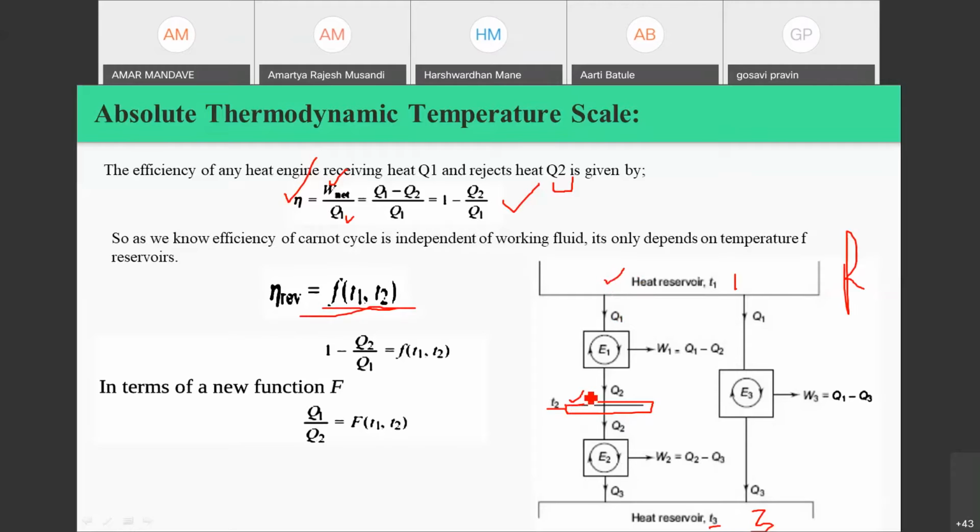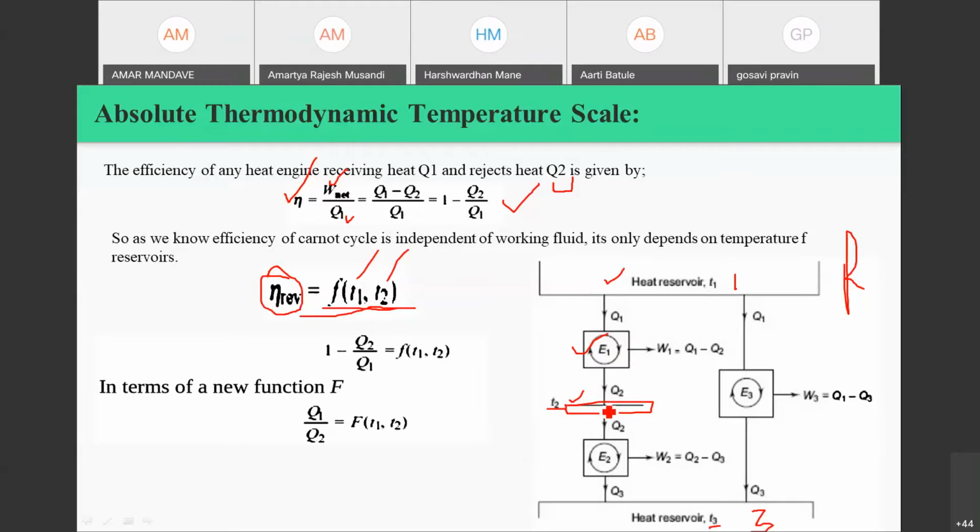So we can write the efficiency of any reversible engine as a function of the temperatures T1 and T2. This is true for engine 1; first of all, we are considering the first engine.